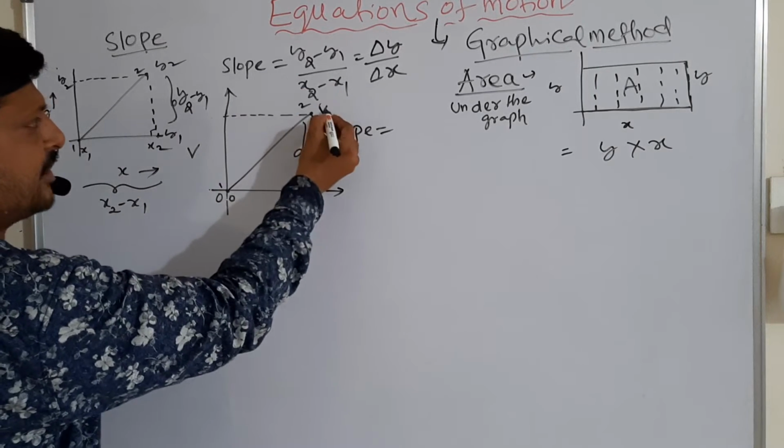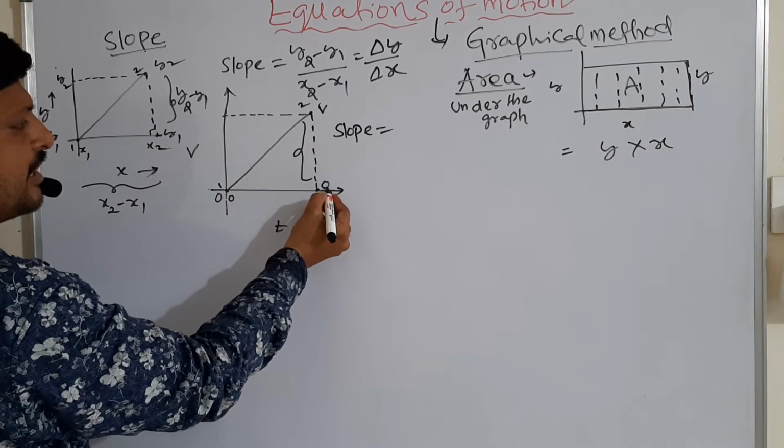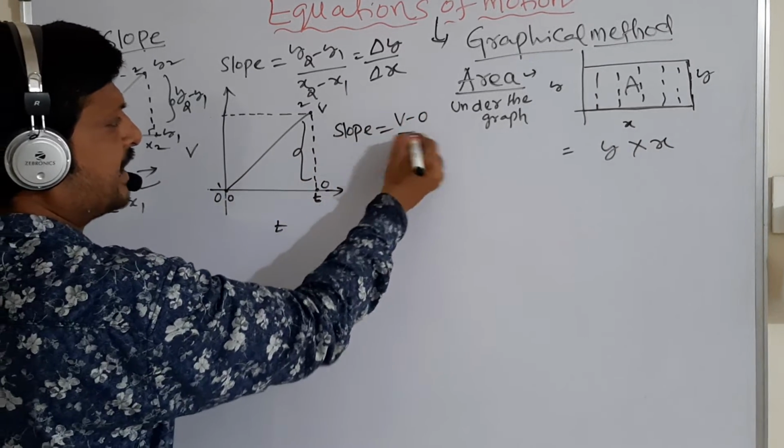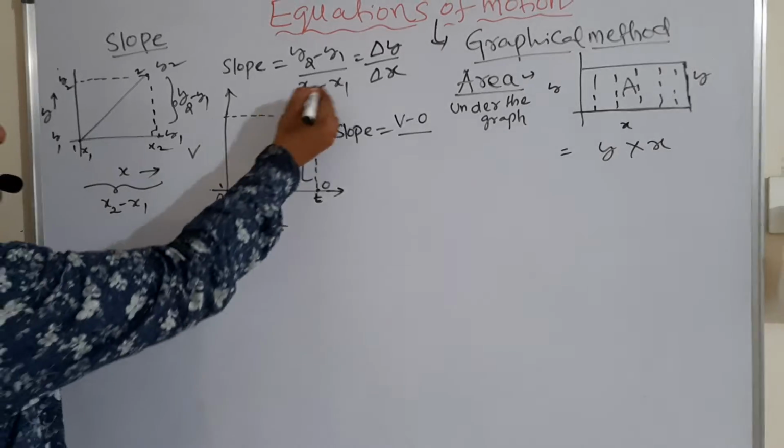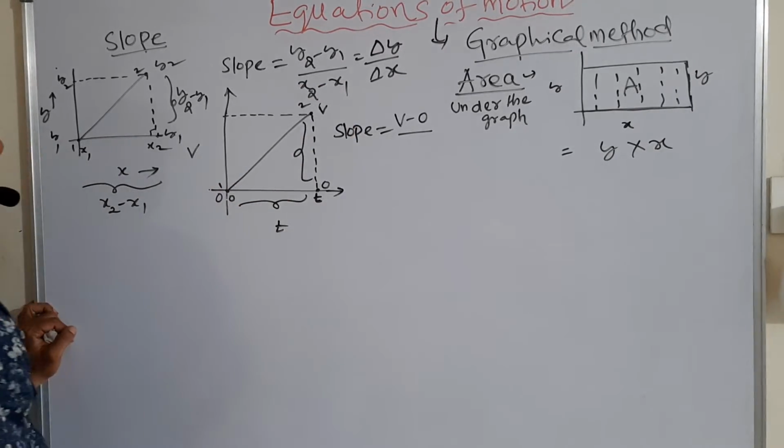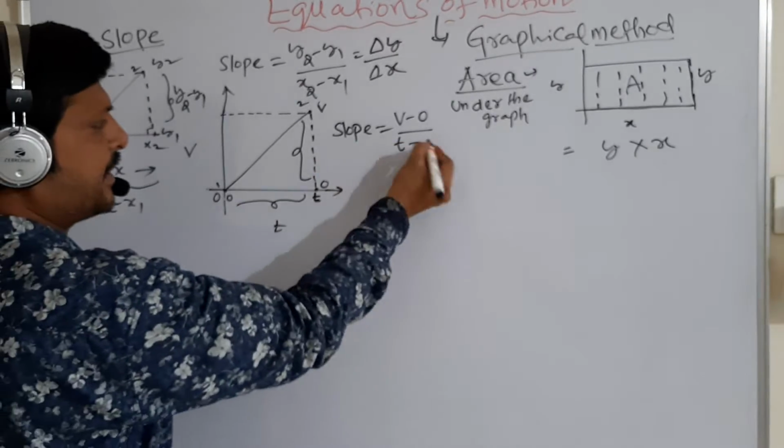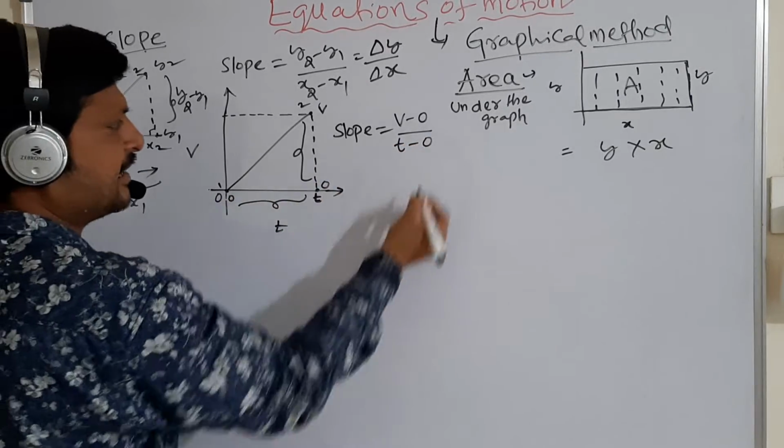Here in the place of y2, v; in the place of y1, 0. So this is v minus 0 by x2 minus x1. In the place of x2, t; in the place of x1, 0.